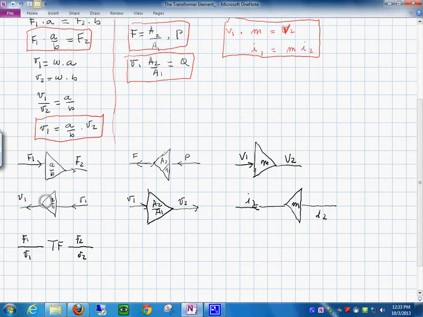See the way the equations are written, it says that F1 times the modulus is F2, the modulus is A over B, so you have F1, the effort, so it's going to be like this.